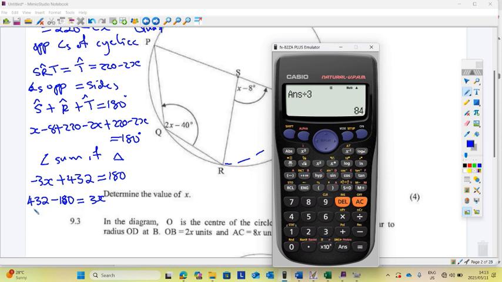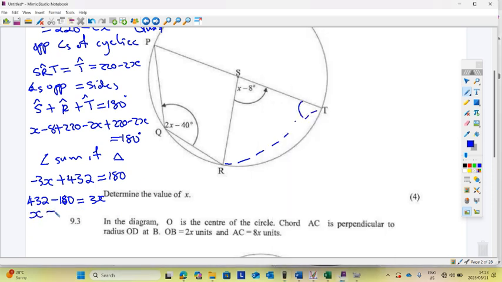What do we get? 84. So your x here is equal to 84 degrees. This is one of the ways through which you could have done this.